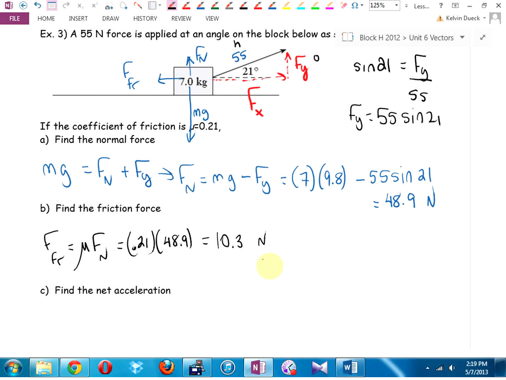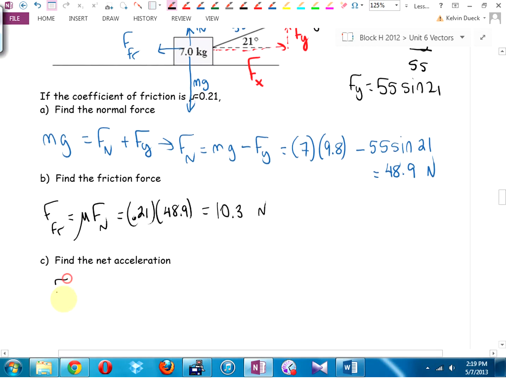Fx. Not a force that was initially given to me in the question, but it's a component hidden in that 55, 21 degree angle. Who's losing? Isn't this a great review of forces, by the way? Winner minus loser equals, and we said that always equals F net, and F net was ma net. There's your net acceleration.